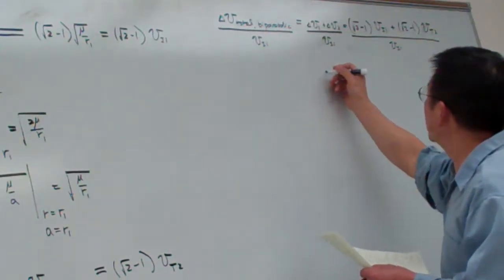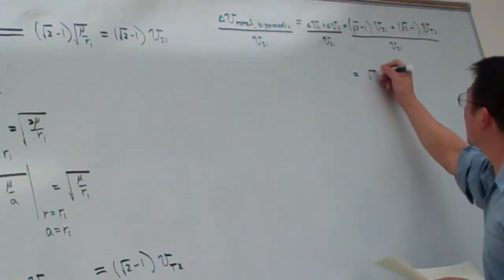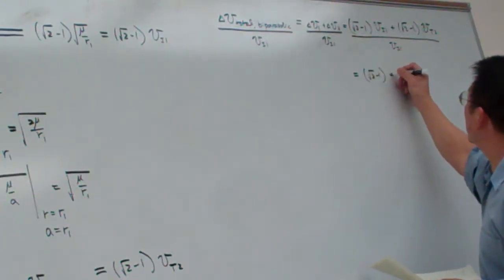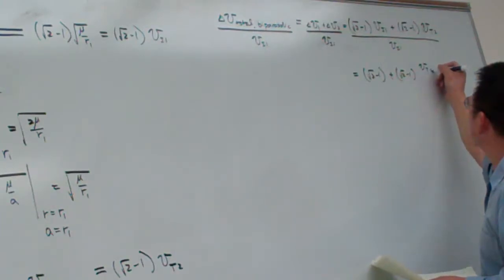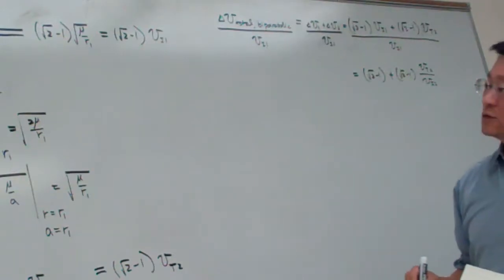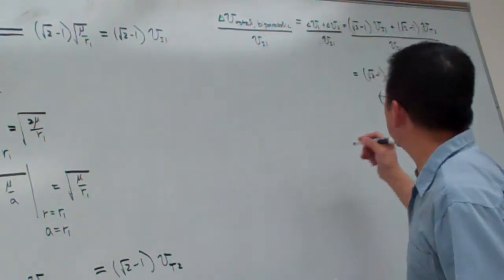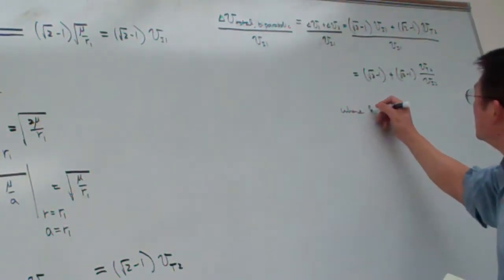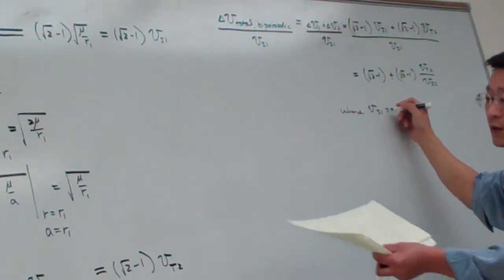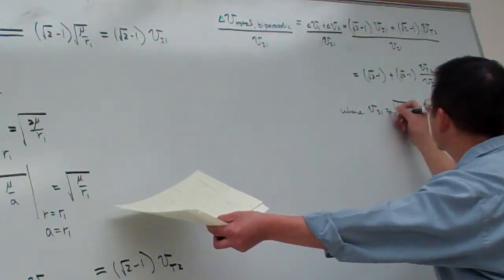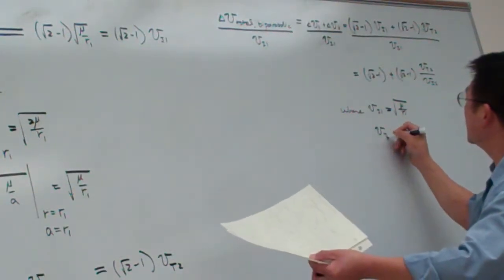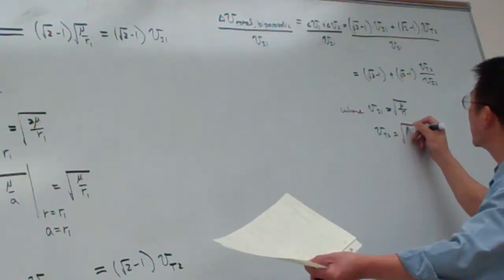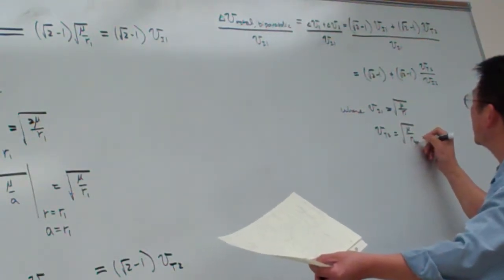So this one is equal to square root 2 minus 1 plus square root 2 minus 1 times VT2 divided by VI1. Okay. What we have done here is VI1 equals mu over R1, and for VT2 we have a similar pattern, mu divided by R2.